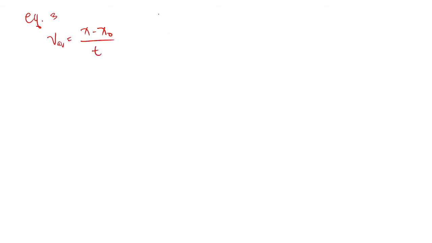And also we can use our equation 6, as you may have remembered, the average velocity is just equal to the average of the final and the initial velocity, wherein we will have here our vx plus v naught x all over 2.